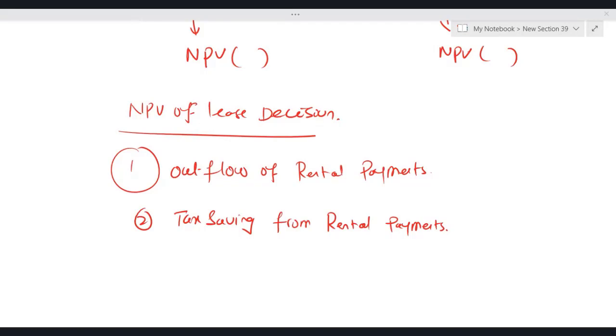That we'll discuss later on. See, outflow of rental payments normally includes the impact of maintenance.